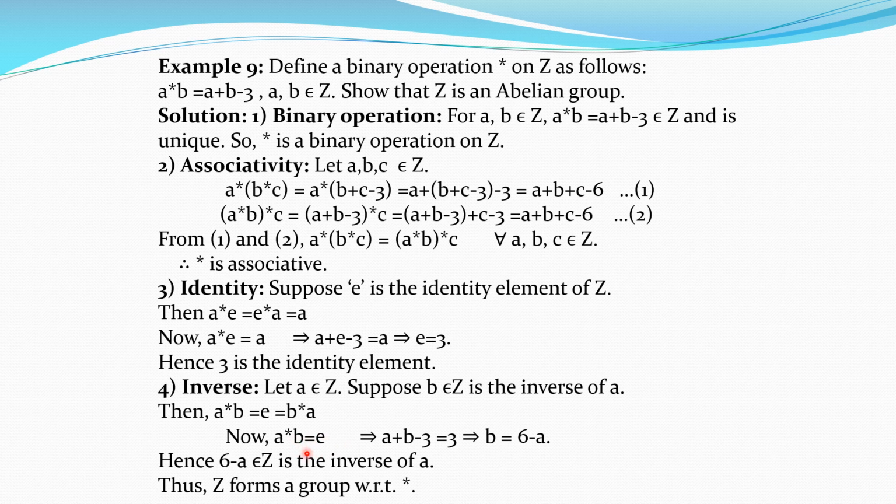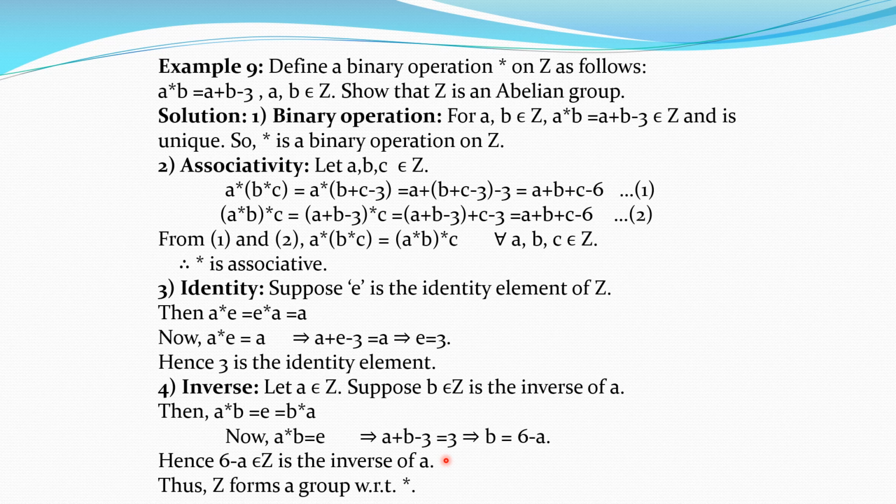Here we have used the definition of star and the value of e is 3. So, solving for b, we get b equal to 6 minus a. So, if a is any element of Z, then 6 minus a is its inverse. For example, if I consider a is 2, then 6 minus 2, 4 is the inverse of 2. So, in this way, we can find an inverse for every element.